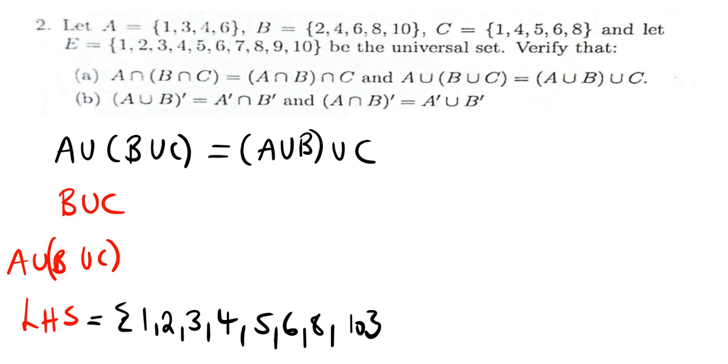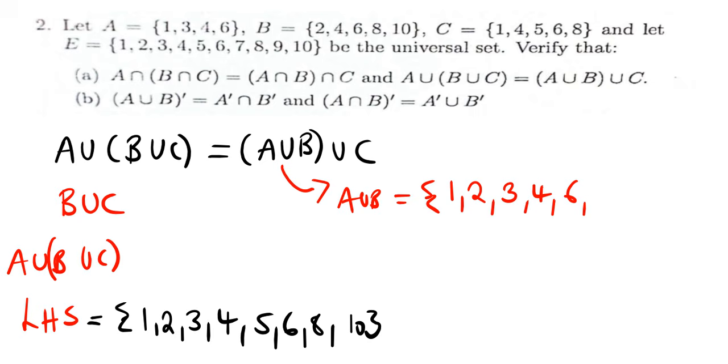On the right hand side, I'm supposed to find what A union B is. So A union B, we're combining. In A we have 1, in B we have 2, we have 3 in A, we have 4 in both. We don't have a 5, we have a 6 in B and also in A, we have an 8 in B, we have a 10 in B. So that is A union B.